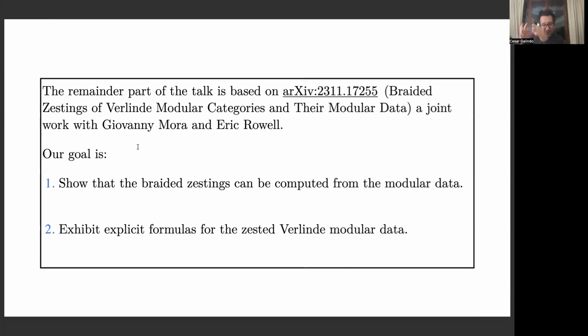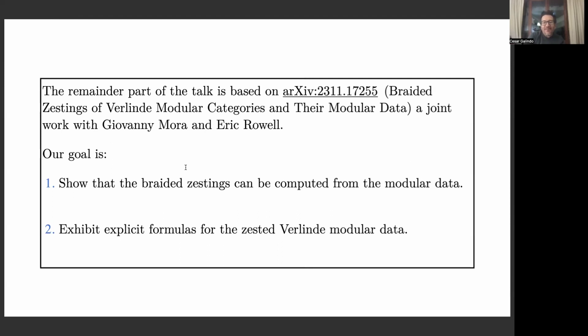However, they have some combinatorial invariants that could be easier to understand and compute. We prove that the whole information that you need in order to apply and compute zesting is already contained in this combinatorial gadget called modular data, which I will recall in a second.